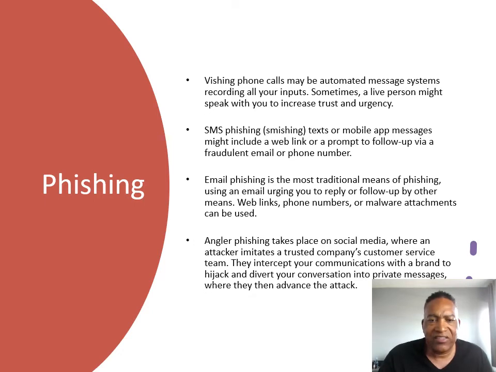And then lastly, there's the angler phishing, and this takes place on social media, where an attacker imitates a trusted company's customer service team. They intercept your communications with a brand, like let's say you were going to the website of your favorite retailer, and a hijacker diverts your conversation into private messages where they advance the attack.